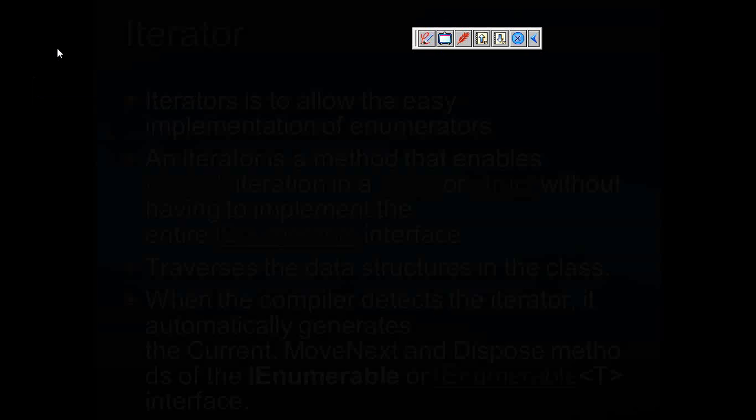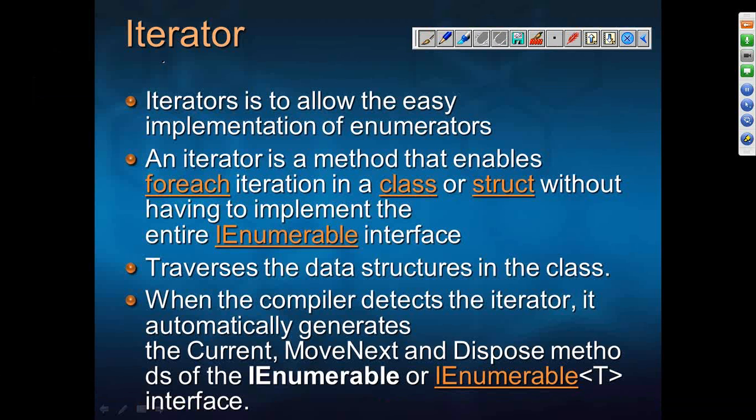But what we will achieve when we write an iterator is that C# will do it more automatically for us. So these methods which we are implementing now, Current, MoveNext, all these methods will be automatically generated. Okay, we don't have to write them. So it will make our job easier.